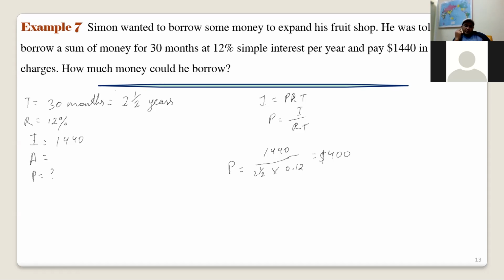Yeah, 12%, right? 12% is 0.12. $4,800, because the interest rate is quite high, 12%.